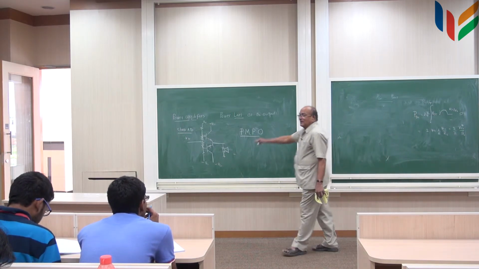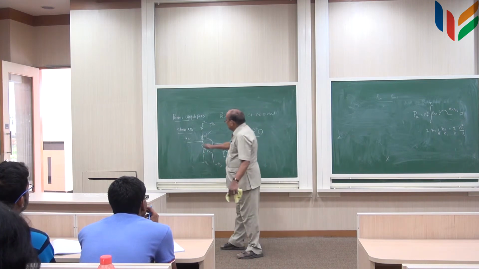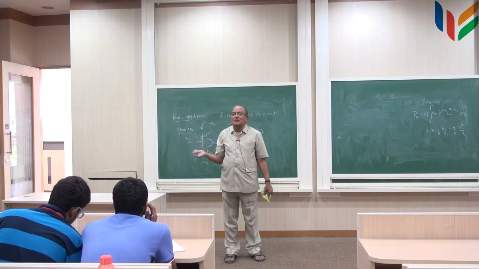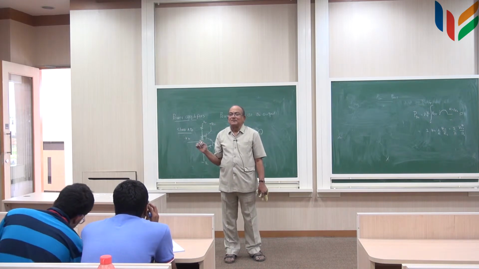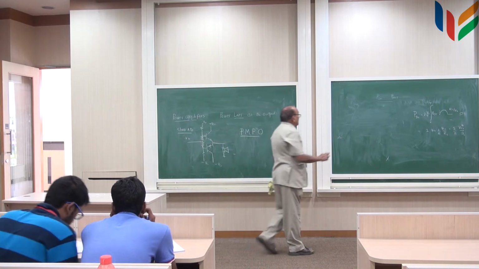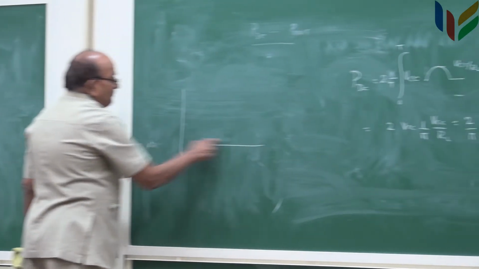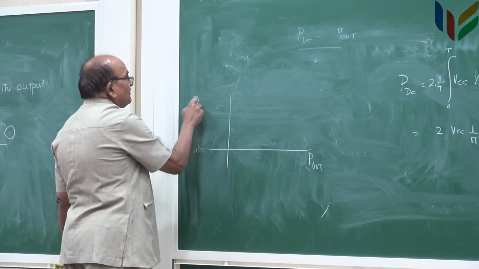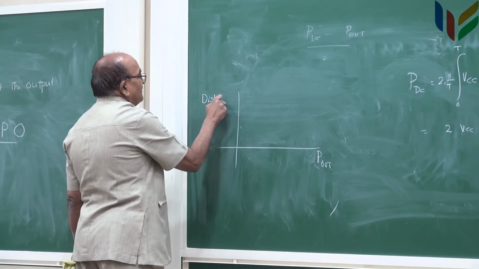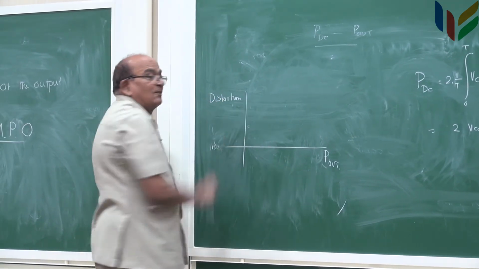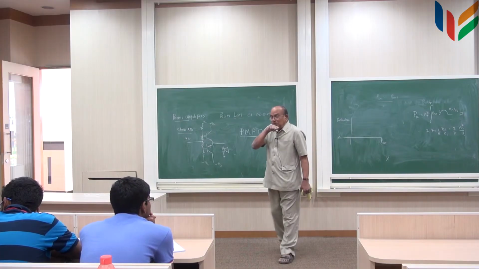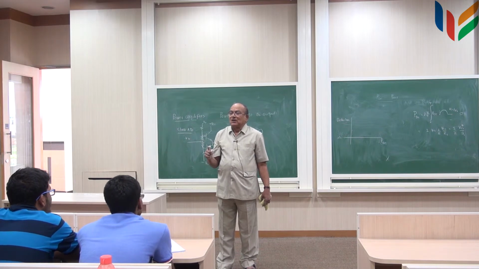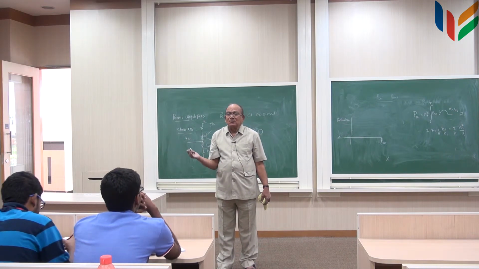After doing all this, if you put a sine wave, you will never get a sine wave here fully. There is some amount of distortion invariably. So if you plot power output versus distortion, how do you define distortion? You put a sine wave at a frequency f, and there will be some amount of power output.